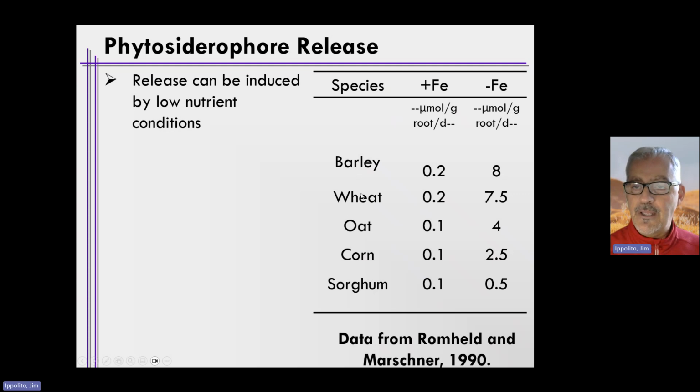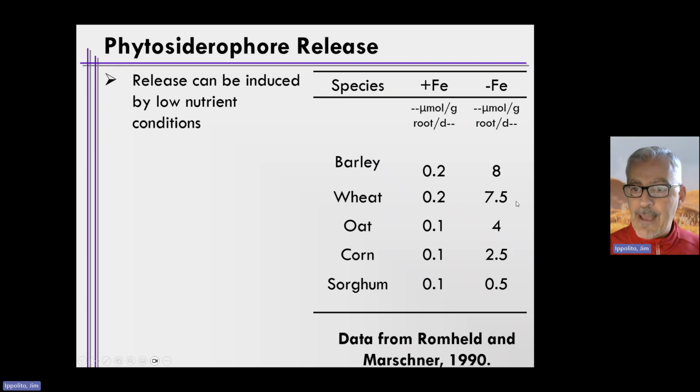And they looked at the concentration of phytosiderophores that were generated from these roots when the iron concentrations that the roots were seeing were great. And you could see that there were some phytosiderophore concentrations. This is in, I don't know if you really care to know the units, micromoles per gram of root per day, but not much.